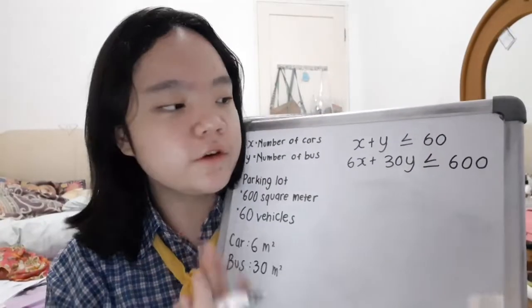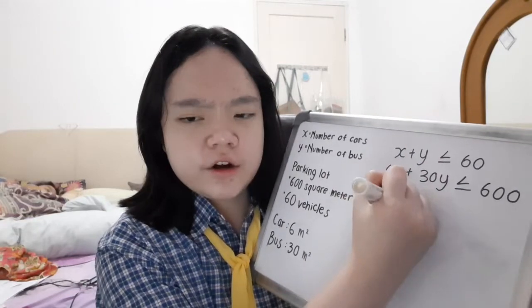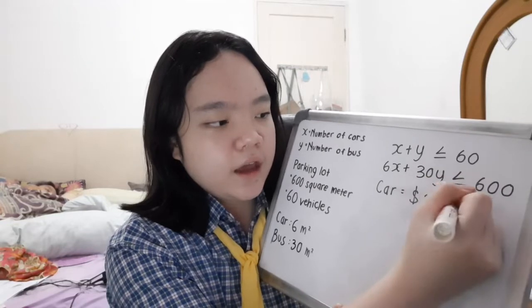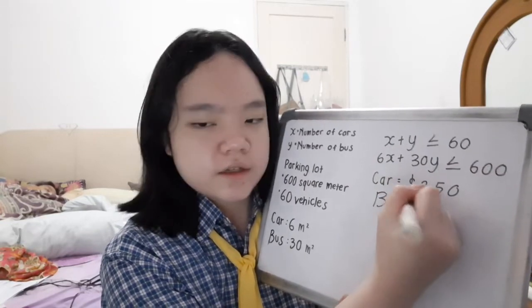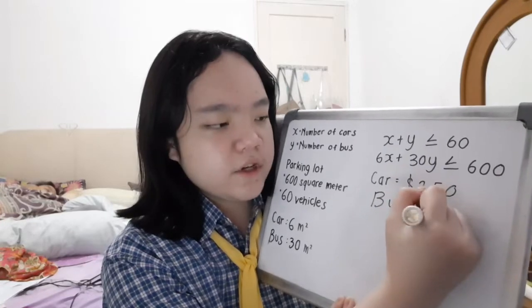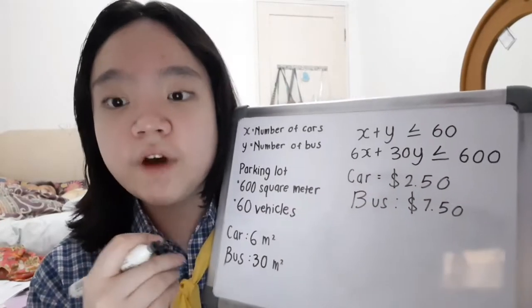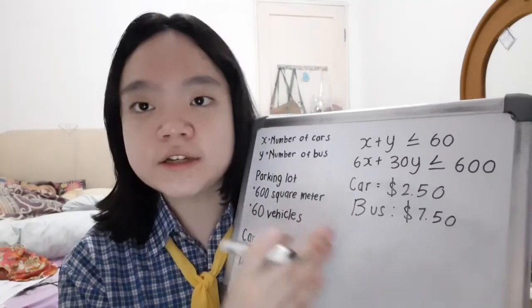Another piece of information is that the car is charged $2.50, right? And then the bus is charged $7.50. We want to find the maximum income from these cars and buses.